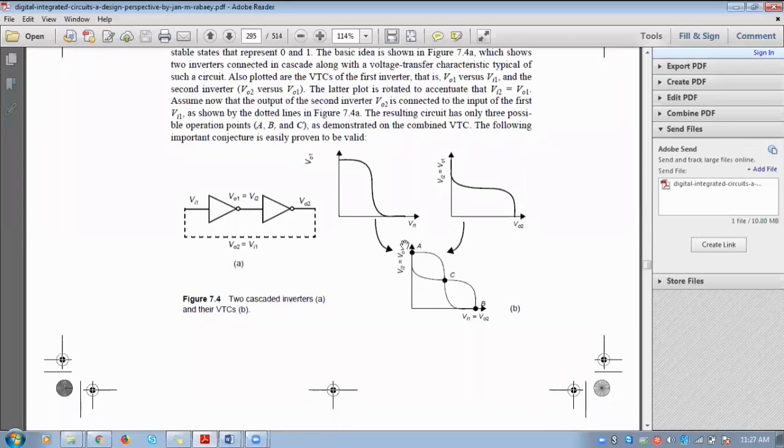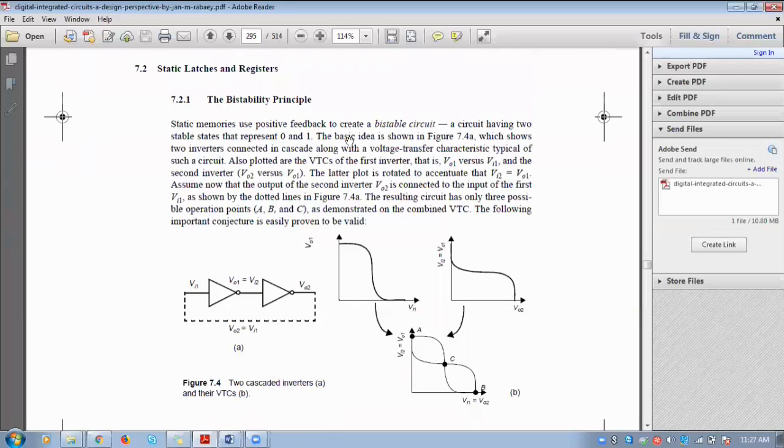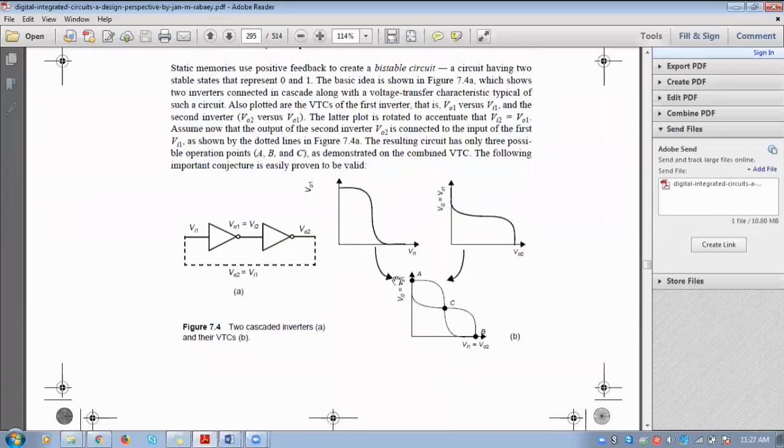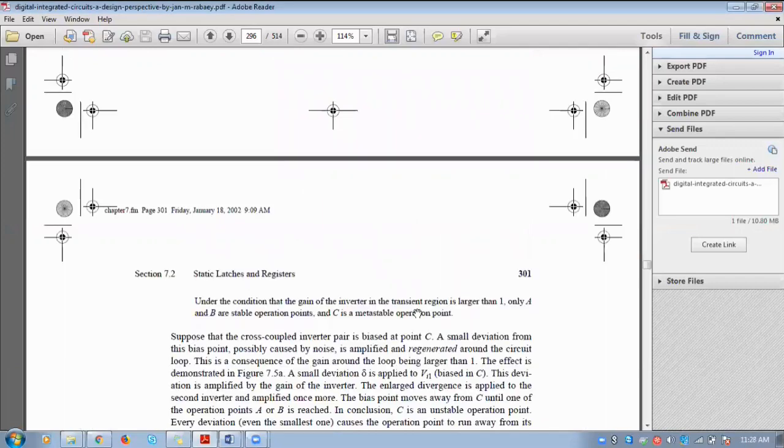So we can conclude that A is a stable point as well as B is a stable point. We have two stable points, which is why it is known as the bistability principle. A is logic 1 and the operating point B is logic 0. And C is known as metastability. Metastability means that when we fix the operating point at C, due to some external noise, this operating point may shift to logic 1 or logic 0. That's why it is known as metastability.